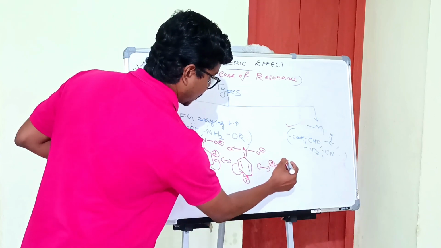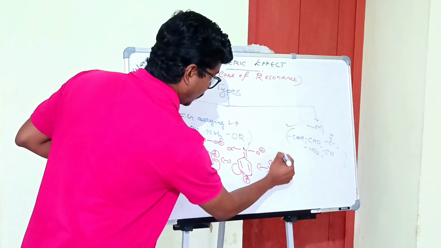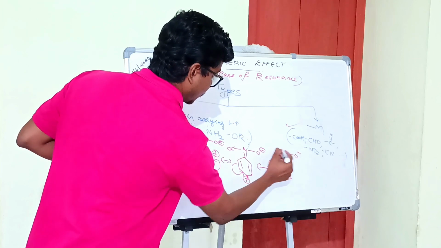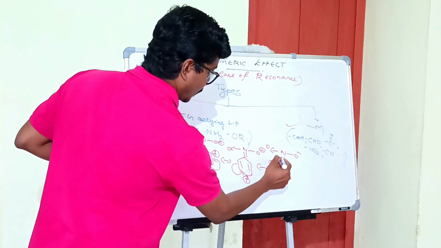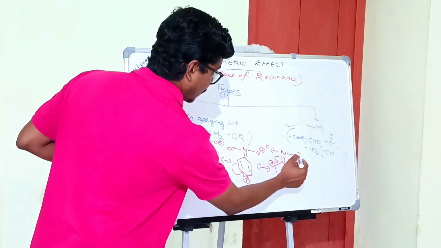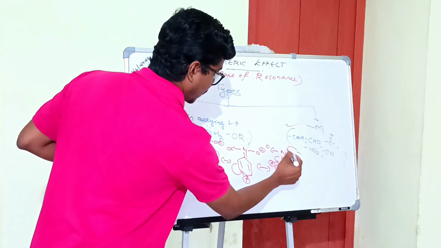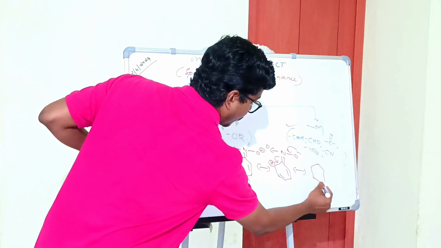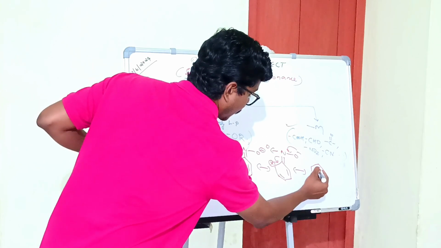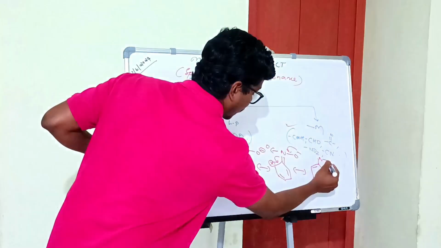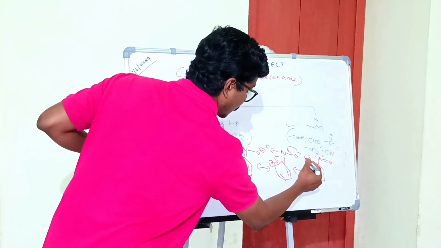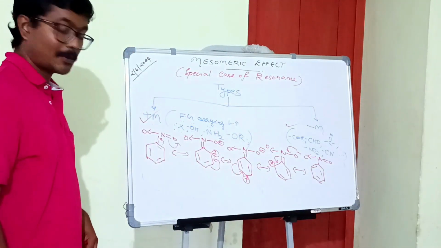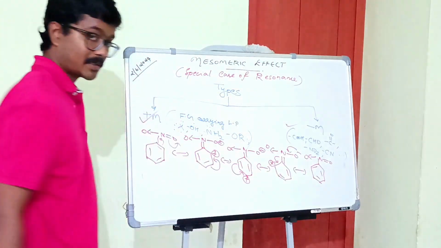This positive charge comes here, and double bond here, O minus. This will come here, and this will come here. Again, double bond O. So we arrived at the final structure.